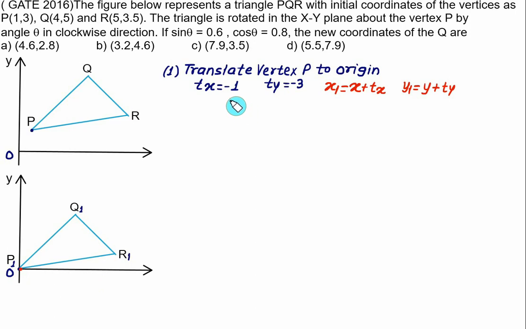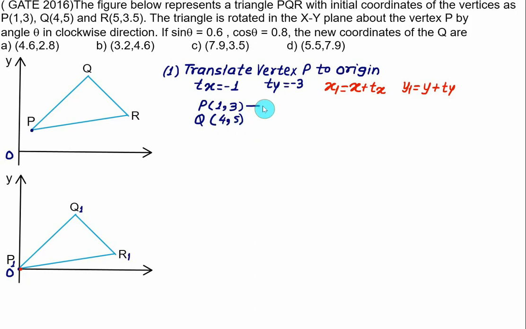Since we have a translation along the x-axis of -1 unit and along the y-axis of -3 units, we have x1 is equal to x plus tx and y1 is equal to y plus ty. So we can calculate the new positions of points P and Q. Actually, we are interested in the position of Q only, but we just want to confirm here that P has become 0, 0. Before translation, the coordinate of point P is 1, 3 and point Q is 4, 5.